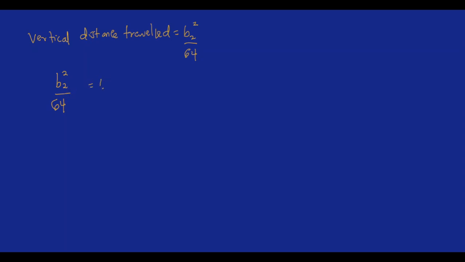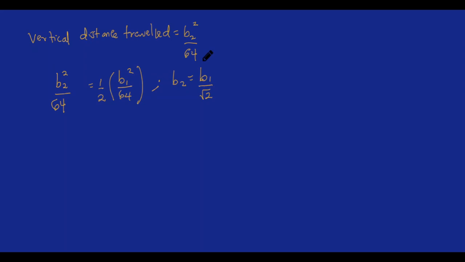So b2 squared divided by 64 is 1 over 2 multiplied by b1 squared divided by 64. That means, on simplification, b2 is equal to b1 divided by root 2. That's the relationship between the initial velocities b1 and b2 on the first and second bounce respectively.